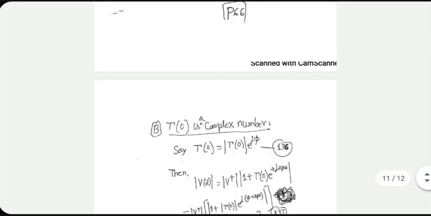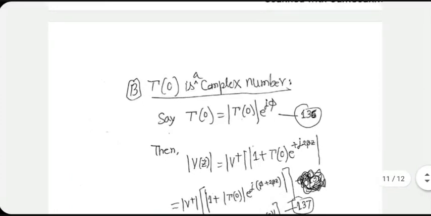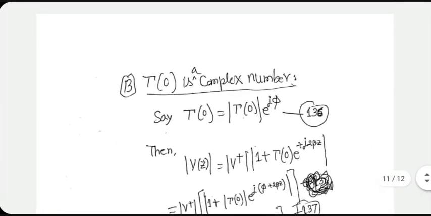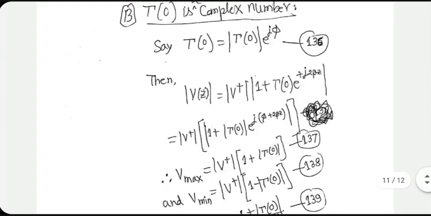Now, second case, suppose the load is not real, then tau will have a modulus and an angle in it. Let's say that angle is phi and the magnitude is of course tau 0. We can again look at this carefully.